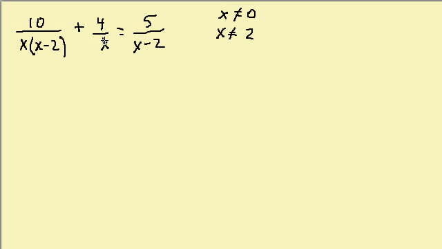And then also here, if x is 0, that would make the denominator 0, and if x is 2, that would make the denominator 0, and I already have those listed. So I get my common denominator, which is x times x minus 2, and I multiply it to each term.